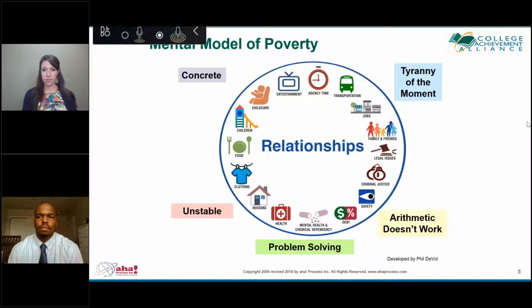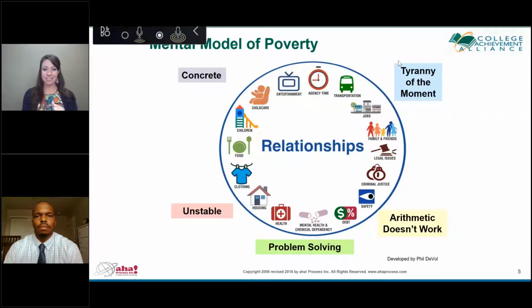And we use this phrase, tyranny of the moment, because decisions are being made in the here and now. And so if you look at this mental model and just look at the different things that are in it, some of you brought up food and clothing, or food and housing and different things like that. Those are all things that are taking my time and taking my energy from school.